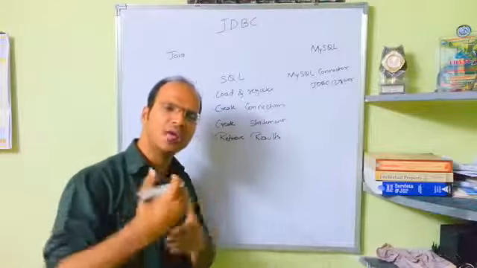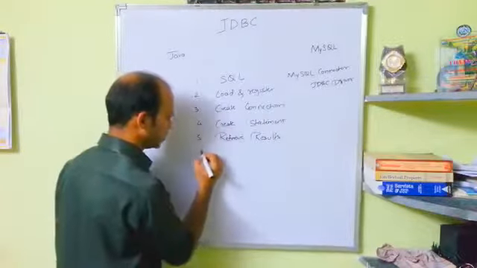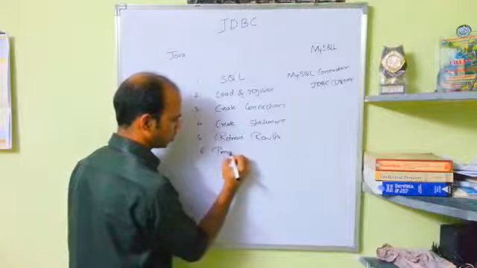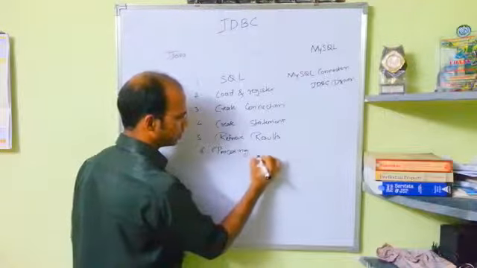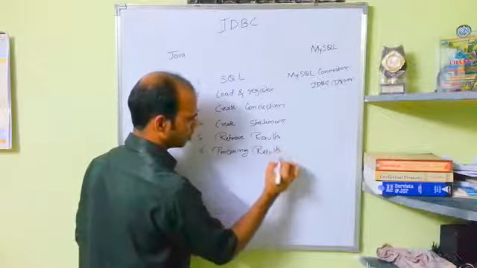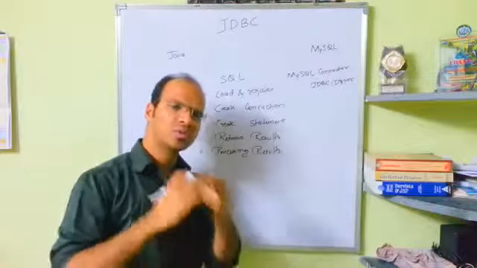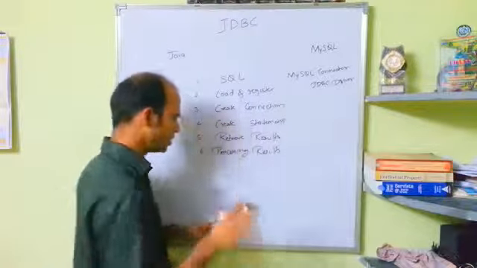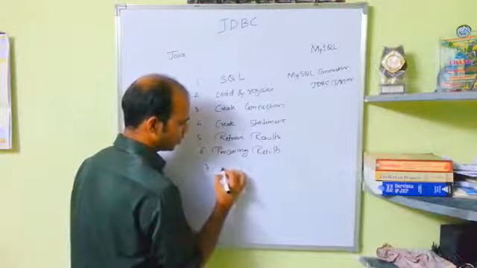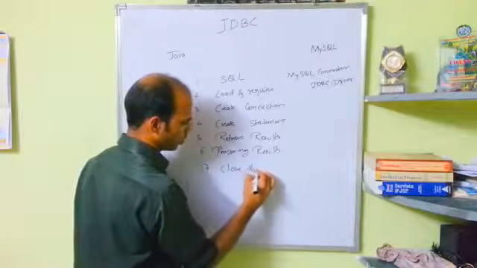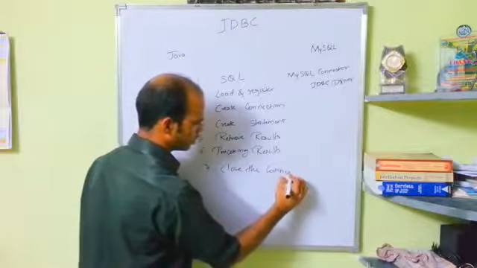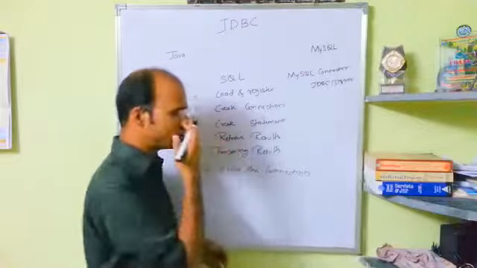Once you get the results, you have to process them. So the next step is processing results. And the last step, once you're done with all that, you have to close the connection. So these are your 7 simple steps.